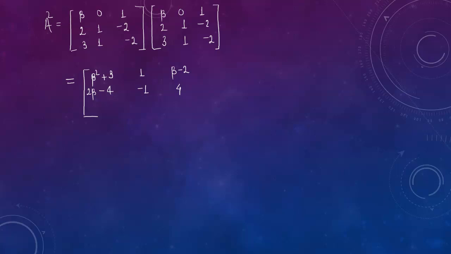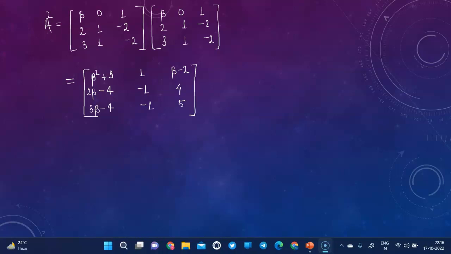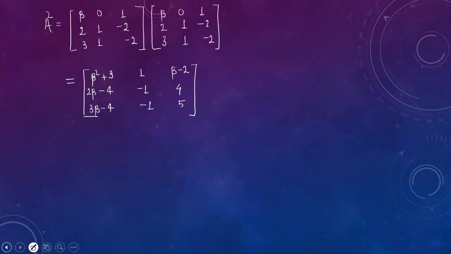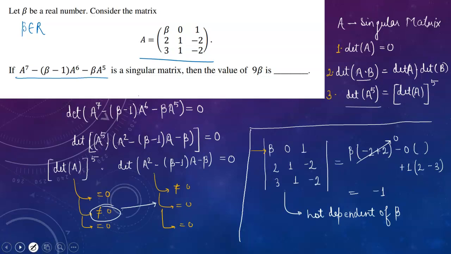After that, 3 beta plus 2 minus 6 gives 3 beta minus 4, then minus 1, and 3 minus 2 plus 4 will be 5. So A square is this. So let me write the equation.